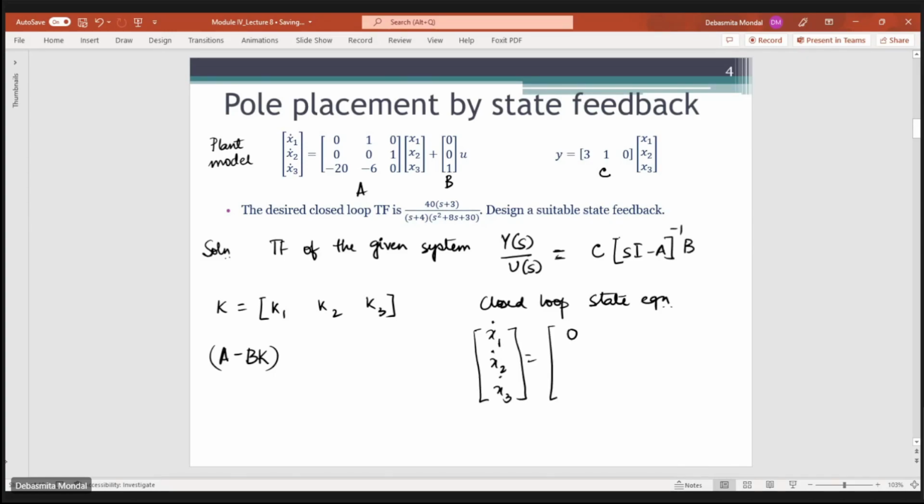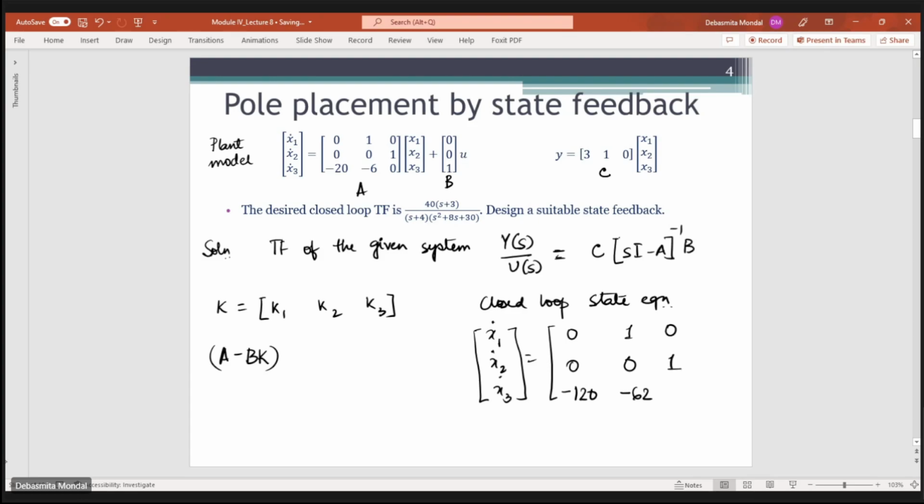If you simply take this as Y by U, and in a similar way to the previous example, you find out the state equation, you will get a value which looks like this.